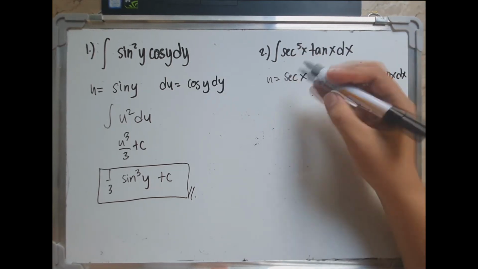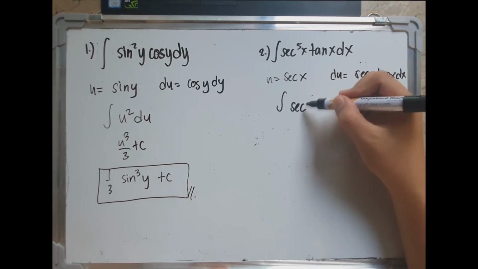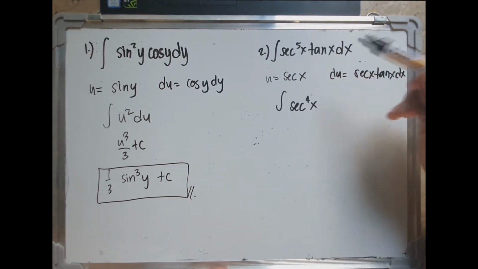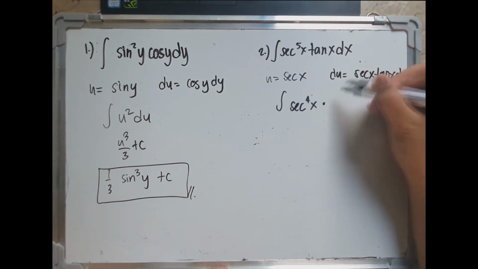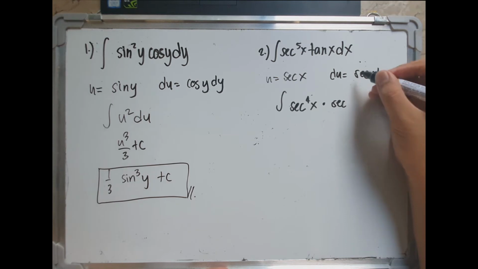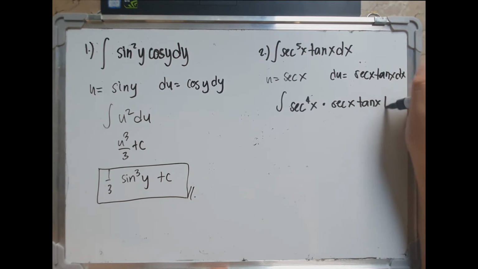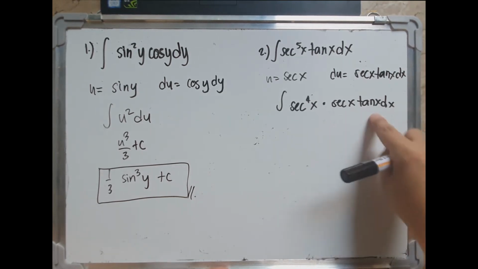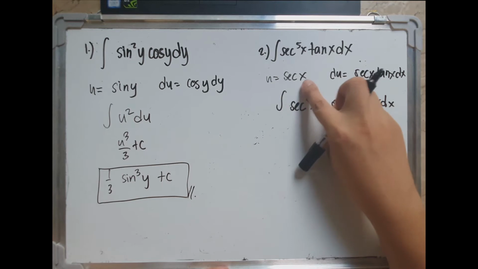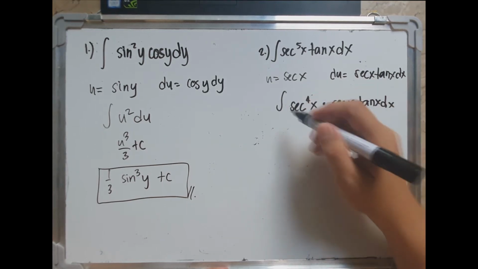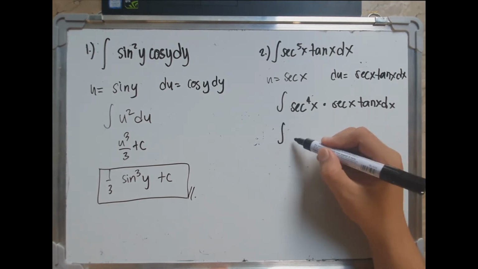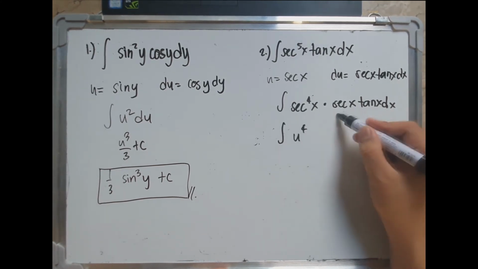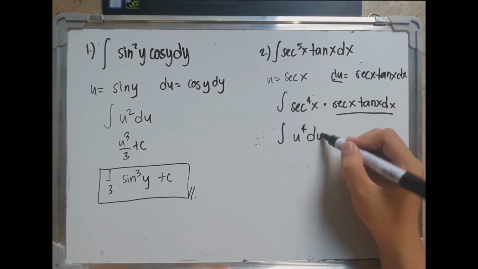So the remaining value of the secant will be secant raised to the power of 4x, since we have 5 secants here and we have the 1 separated from the 5. So we have secant x and our tangent x dx. This will be set for the du and this will be set for the u, and our n will be 4. So we now have the integral of secant x as u raised to the power of 4, and this will be the du.